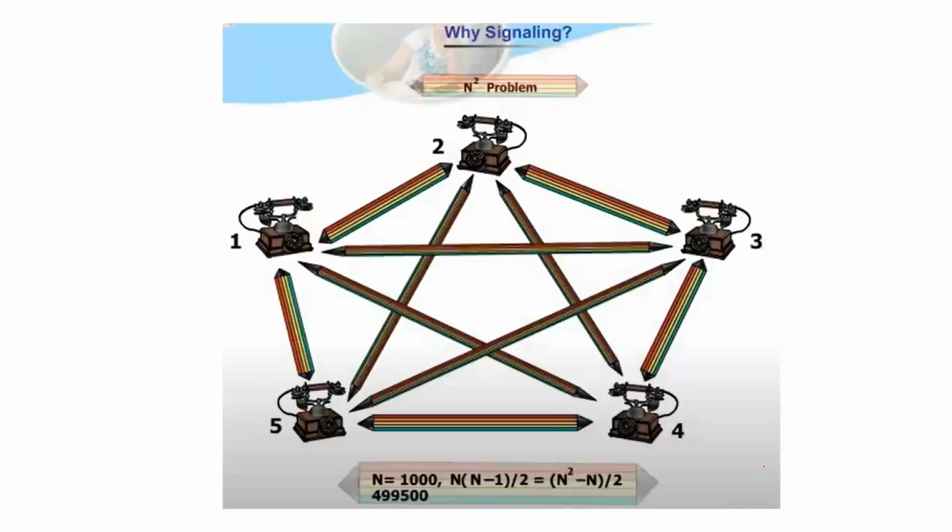Now, why signaling? Why do we need switching? We have already discussed it. The n-square problem: in point-to-point communication, we need a large number of links.